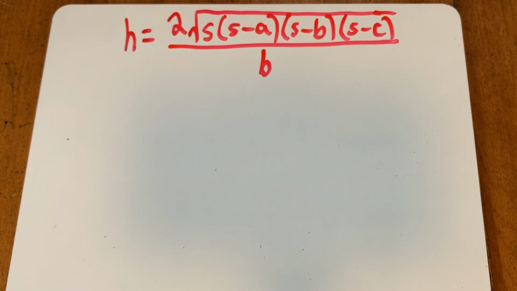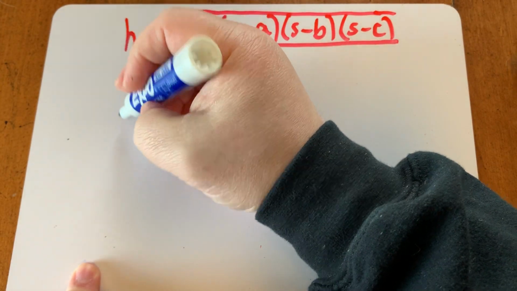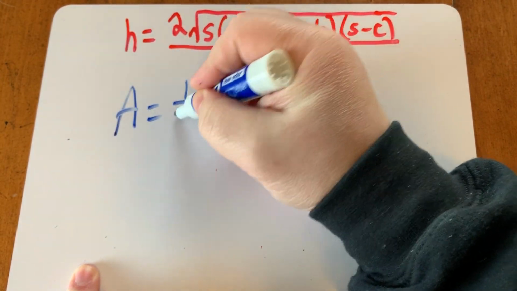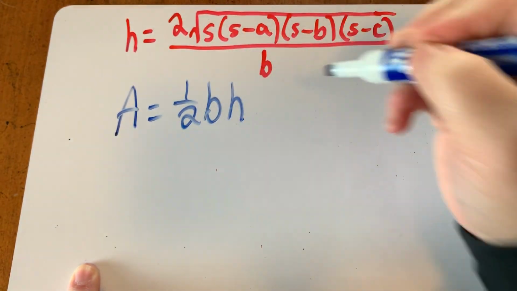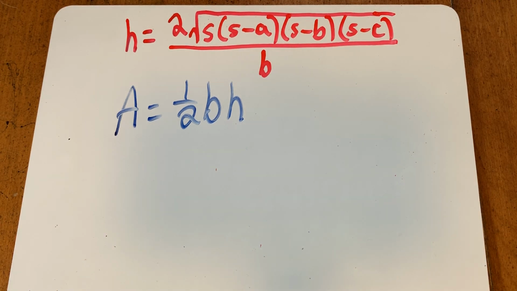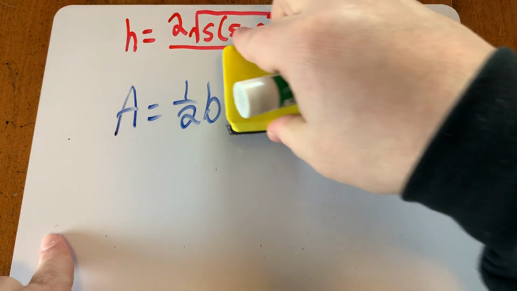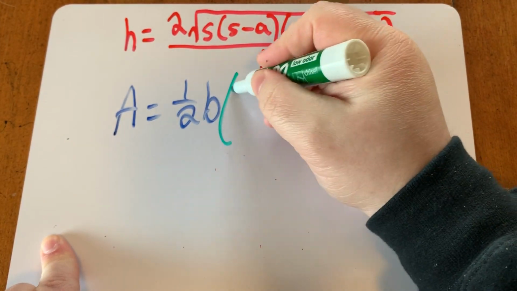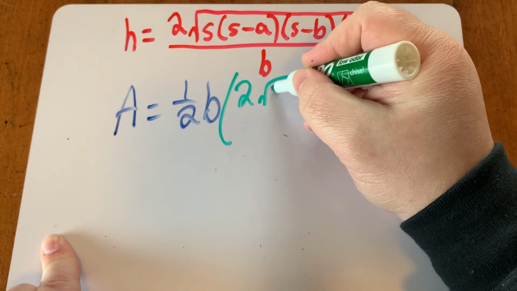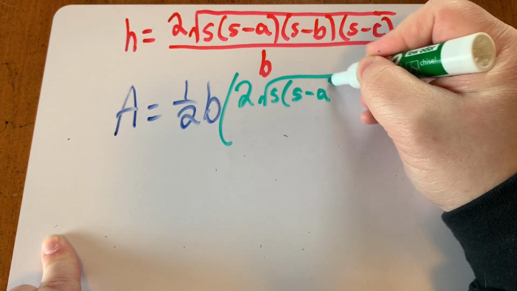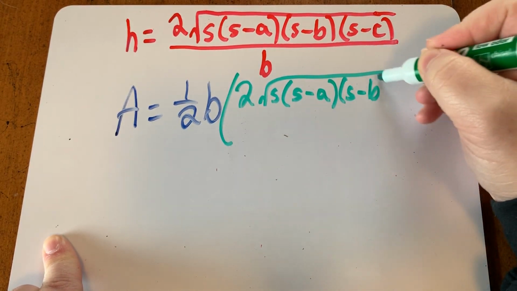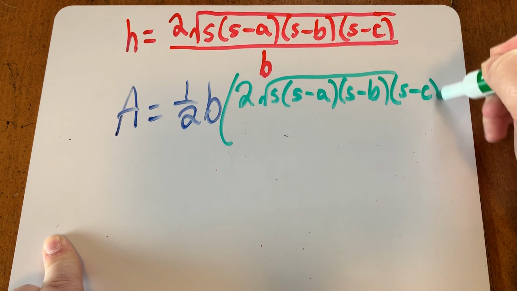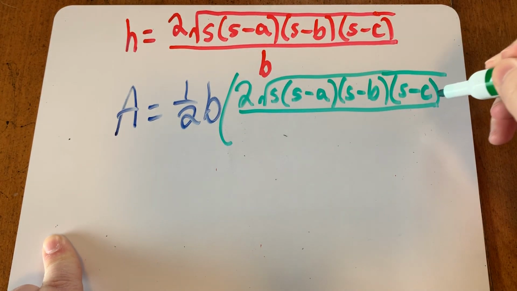Well, our area formula was 1/2 b times h. So if we just plug in, instead of h, we do 2 root s minus a, s minus b, s minus c, all over b.